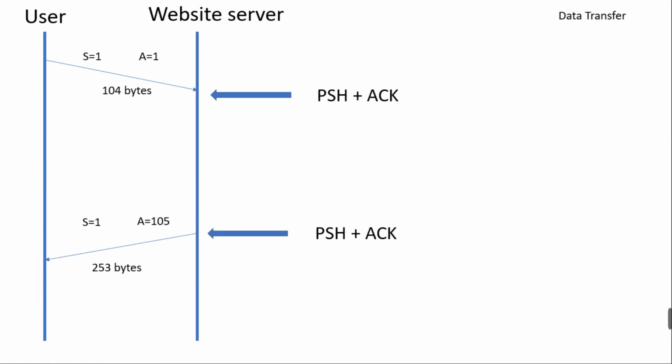We are still inside the data transfer phase, so the push flag is still working, and the acknowledgement flag is working too, because it is receiving some data from the opposite side, so it needs to acknowledge that fact too. Basically the push flag is used in case of data transfer. As long as the data transfer phase is taking place, the push flag will always be working.